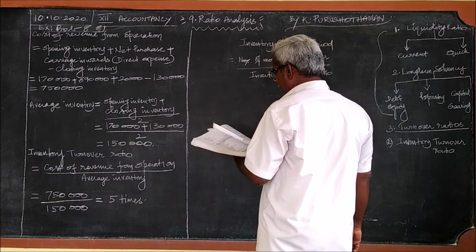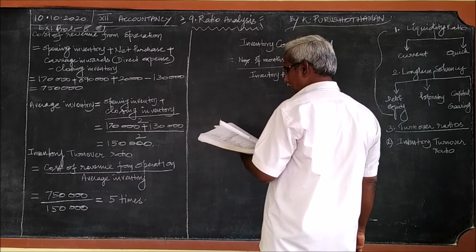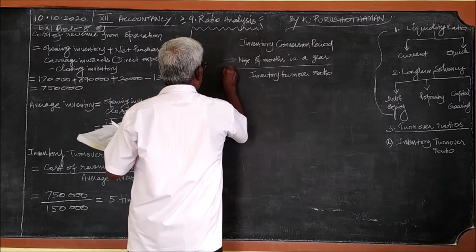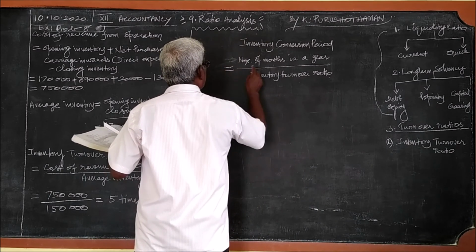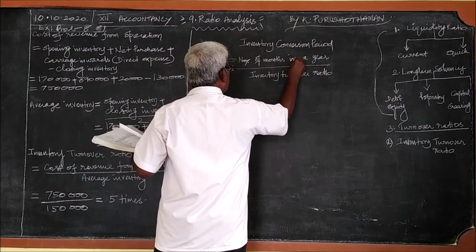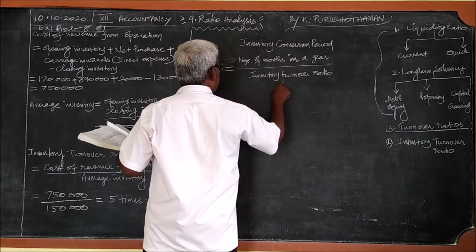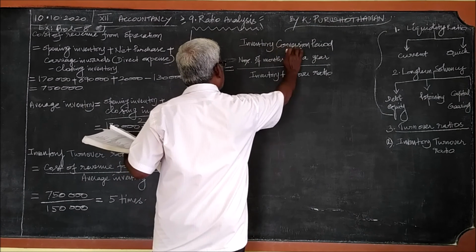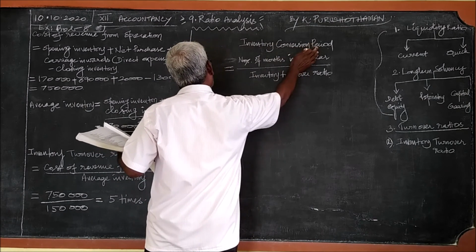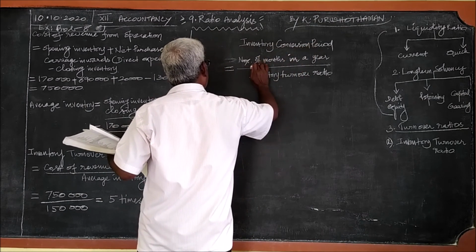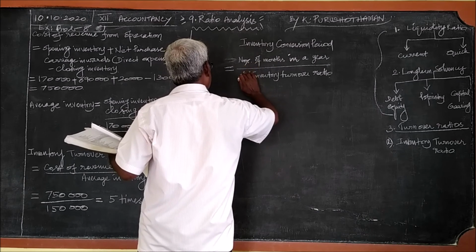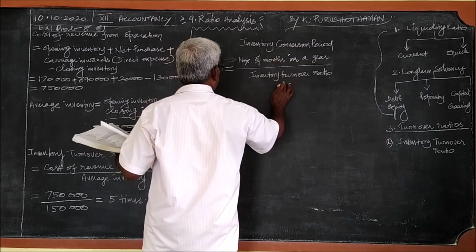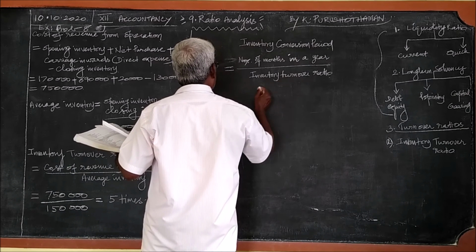And the next one, inventory conversion period in months. Inventory conversion period in months is number of months in a year divided by inventory turnover ratio. If the inventory conversion period is asked in terms of days, then number of days in a year divided by inventory turnover ratio.